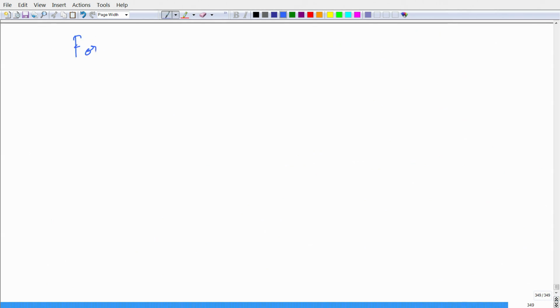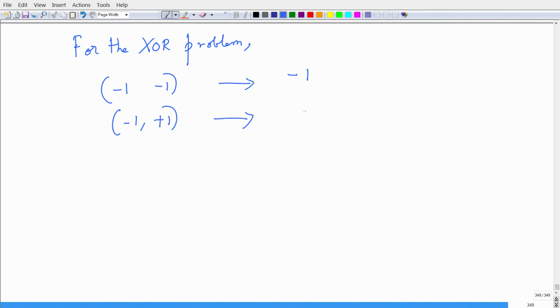So, for the XOR problem, I have data points -1, -1 that corresponds to a response -1, -1 comma +1 that corresponds to a response +1, +1 comma -1 that corresponds to a response +1, and then +1 comma +1 that corresponds to a response -1.